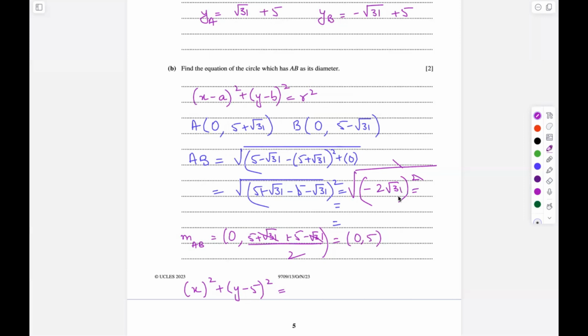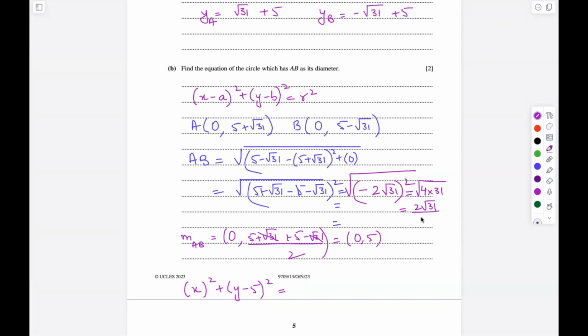And dividing this by 2, the diameter over here is minus 2 root 31 whole squared, and there's a square root over here. So if you multiply, this will become 4 into 31 square root, which is basically 2 root 31.